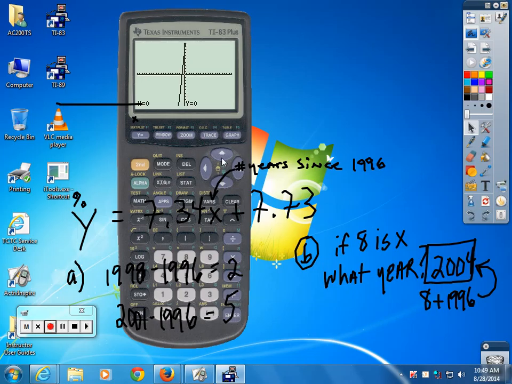I'll put the origin right about there because that's where it's crossing into the first quadrant. And then you can start seeing it, but I'm going to go ahead and zoom out again, and move it up a little bit more so we can see right in here.